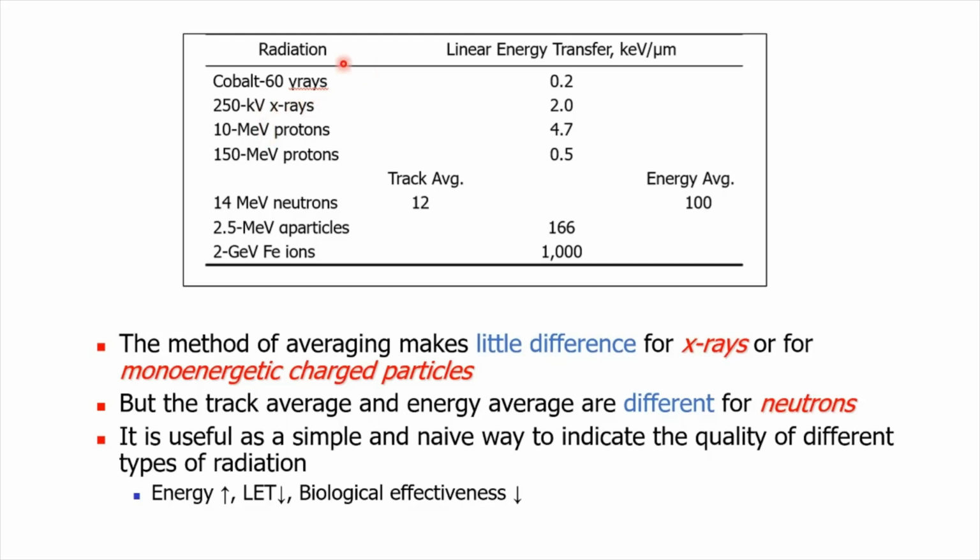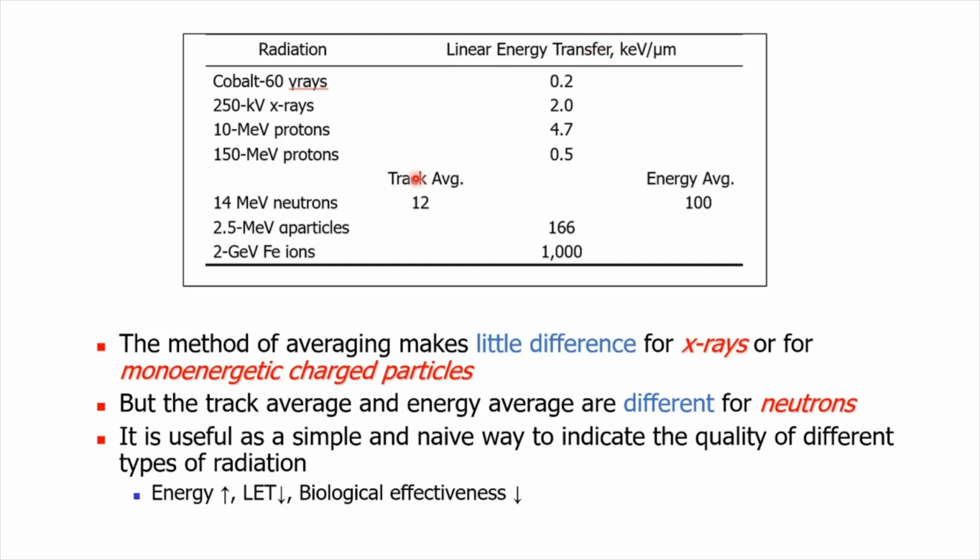And this method of averaging, track average or energy average, makes little difference for X-rays or for monoenergetic charged particles. But if you consider the case of neutrons, and calculate their LET by track average and by energy average, their values come out different.